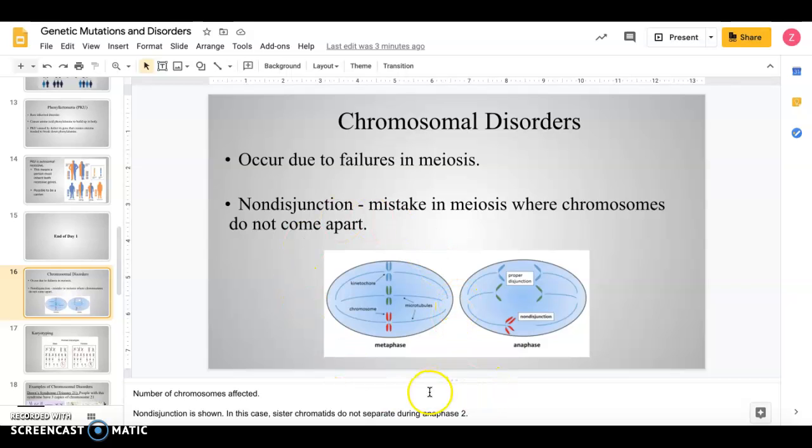You can see in the picture, chromosomes are lining up on metaphase 2 in meiosis, but this one chromosome does not come apart at the centromere, and that results in a chromosomal disorder.